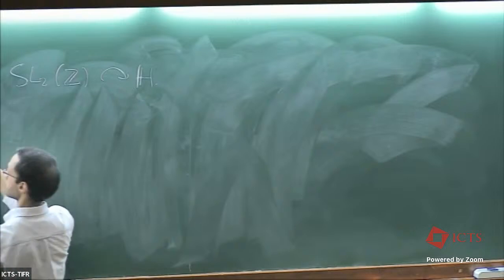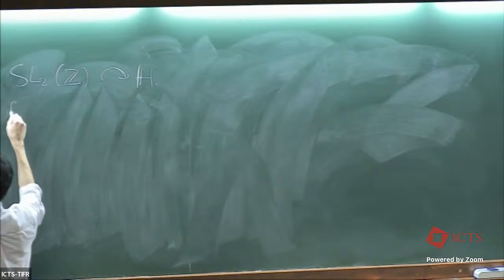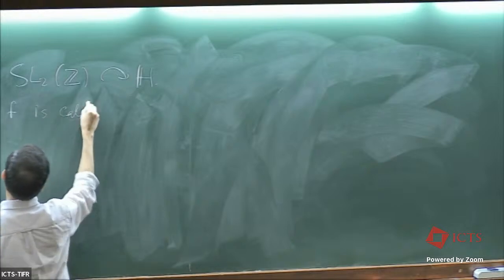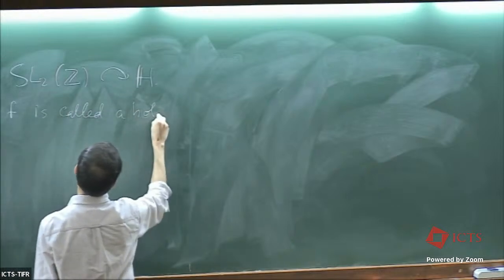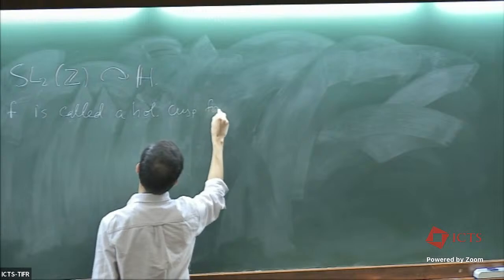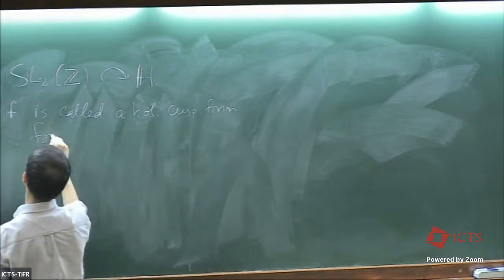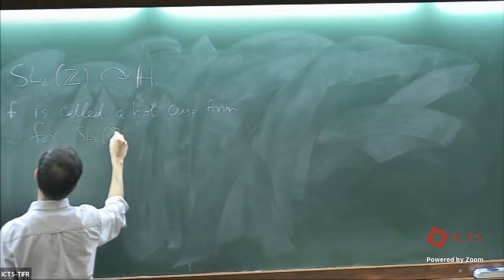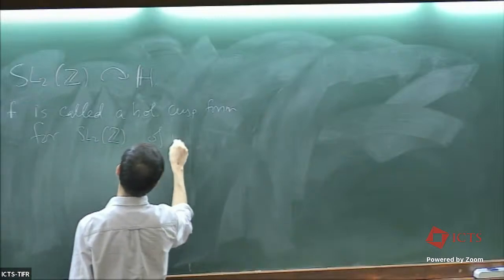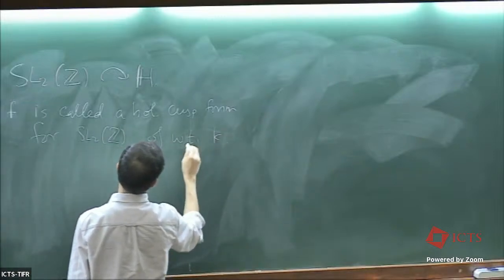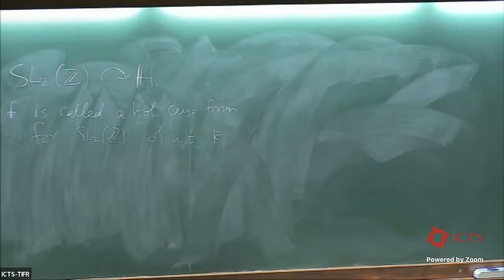Here you just end up taking the entries as integers. And what's a holomorphic cusp form? So f is called a holomorphic cusp form for SL2(Z), exactly as I've written here, of weight k. I'm going to abbreviate weight as wt.